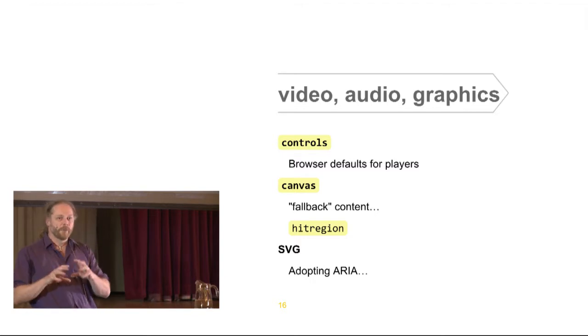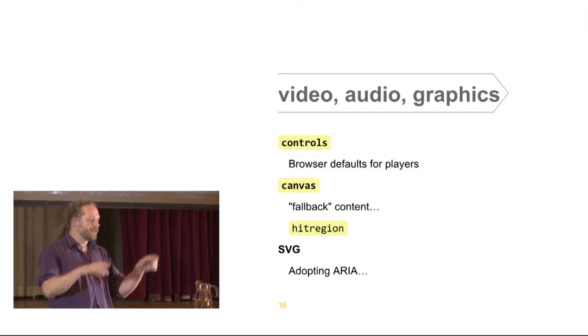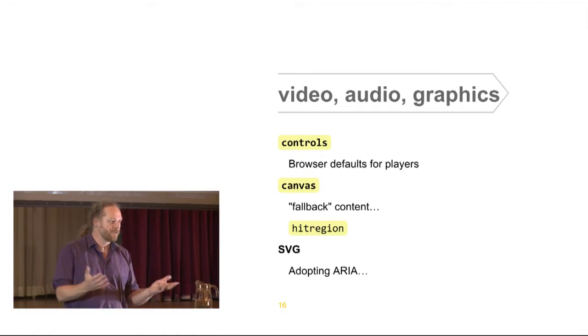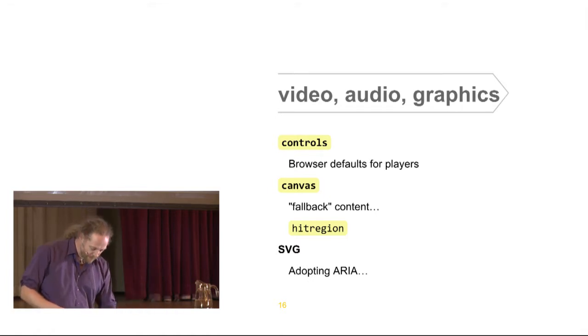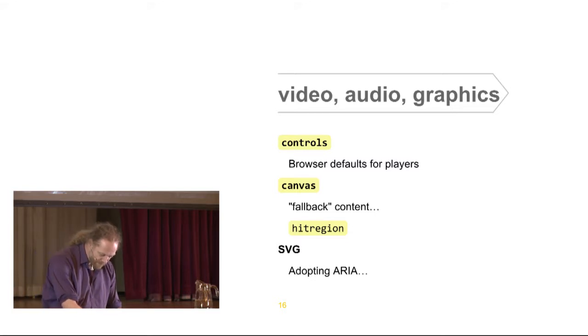You also get fallback content. Inside a canvas, you can put just plain HTML. If you go to the canvas with a screen reader, and I'll show you an example, then you can actually navigate. Come on, VoiceOver. Where am I? Lost.